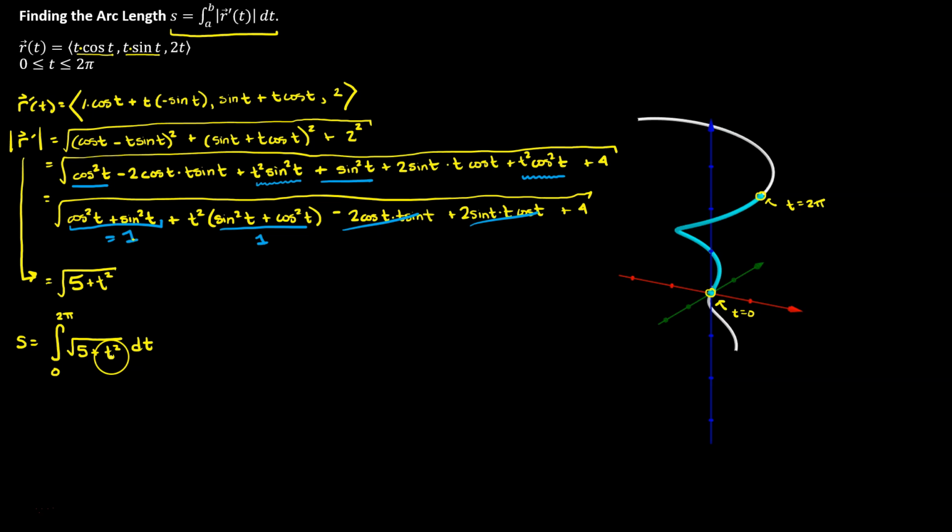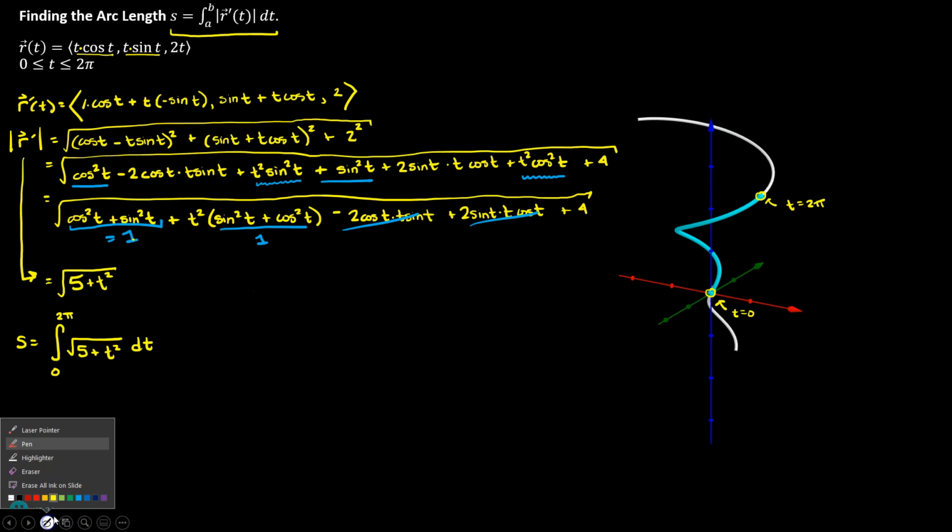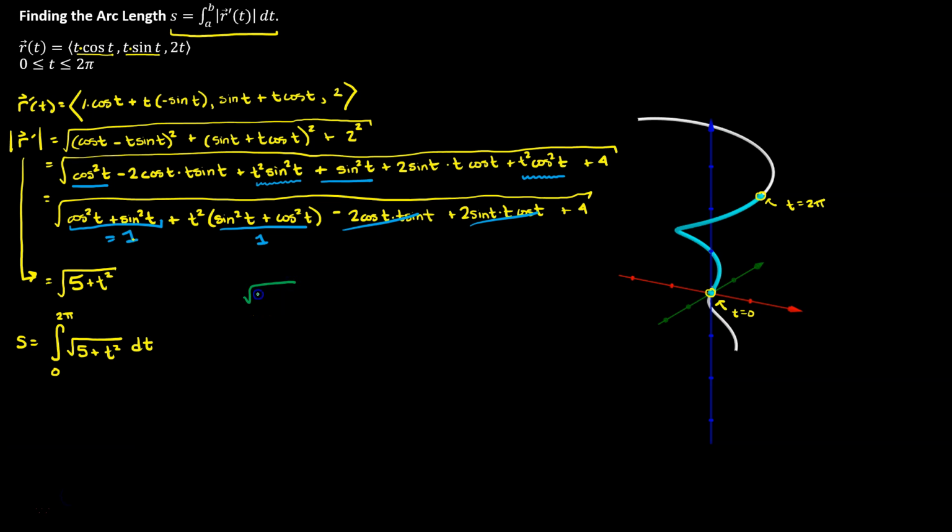Something that is a little bit frustrating though is this is not the easiest integral to evaluate. So if it's been a while since you've done integrals like this, it would be great for you to go back and review those. I'm going to go ahead and use the table integration formula for an integral that follows the form of the square root of u squared plus a squared, where u is the variable.